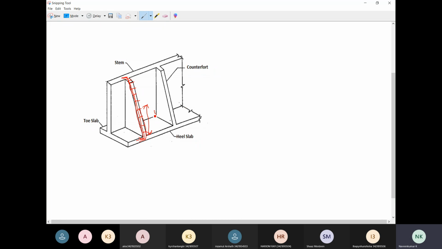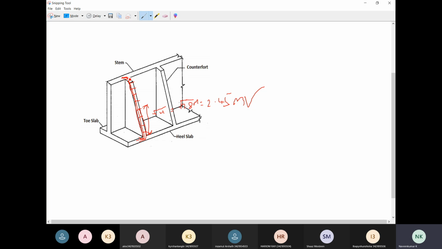So root of h, that is root of 7.8, will have some value like 2.45 I think. So root of 7.8 is equal to 2.45 meters. This is the surface reinforcement or curtailment reinforcement.